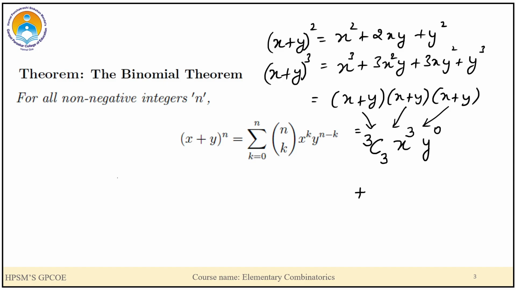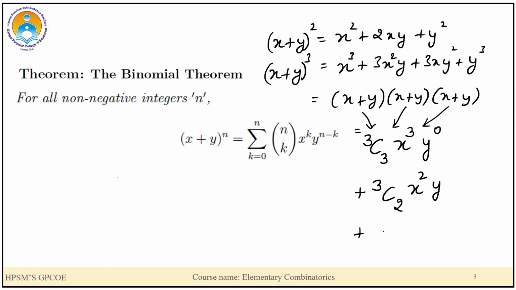And I can choose two x's from the first and the third parenthesis and nothing from the second. This is how I can go about it. So basically, from the three parentheses available to me, I can choose x from two of them. That will give me my x squared term, and of course from the third parenthesis I need to choose y. This is how I get my x squared y term.